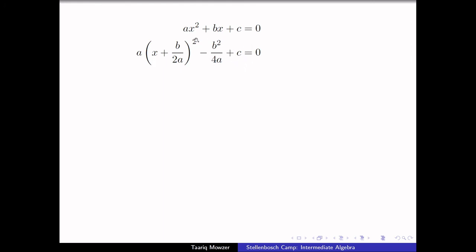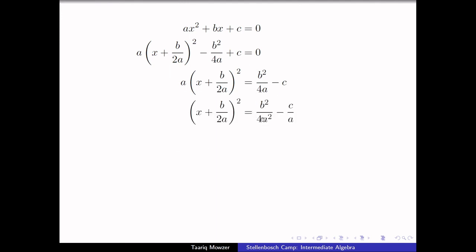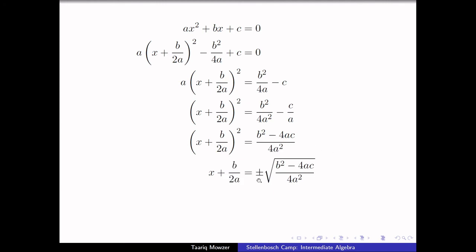We then take this over to the other side and divide through by a: b squared over 4a squared minus c over a, then square root both sides. Oh wait, first we make this one common fraction. To make this the common denominator will be 4a squared. So we multiply by 4a there and 4a there to get b squared minus 4ac over 4a squared. Square root both sides to have a plus minus there.